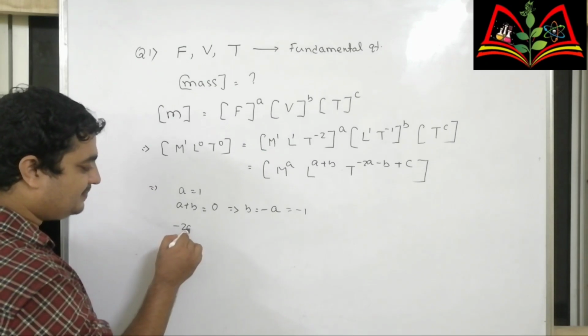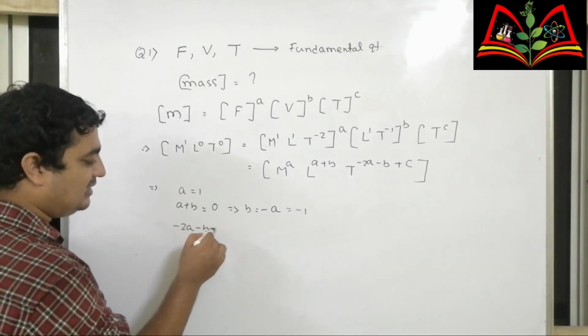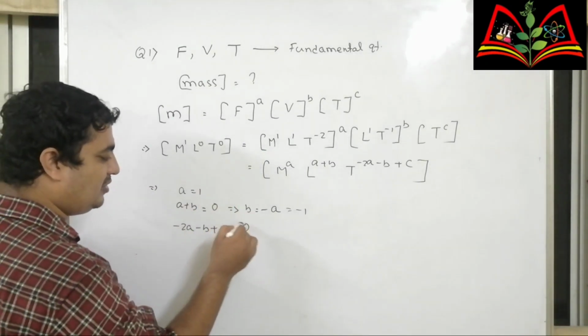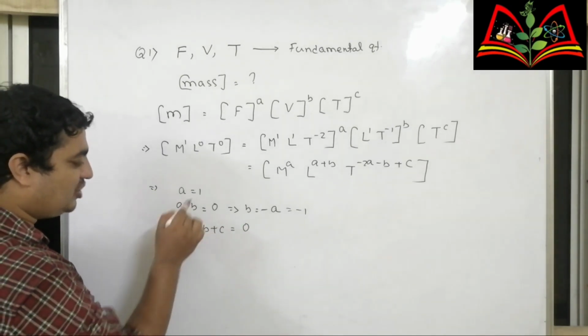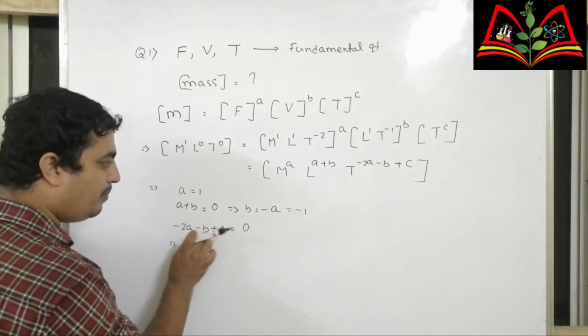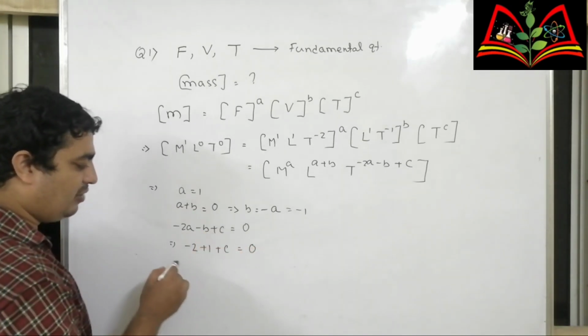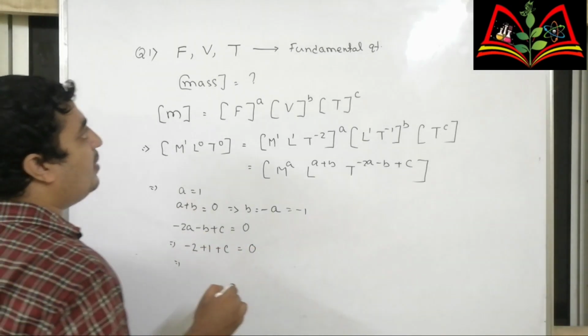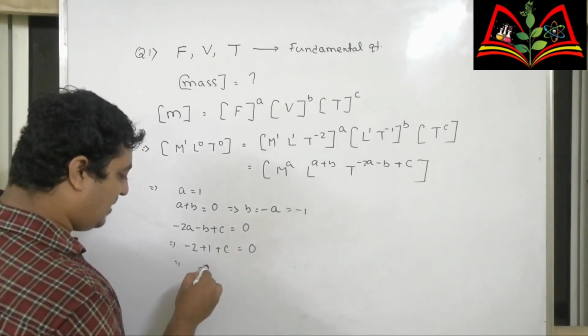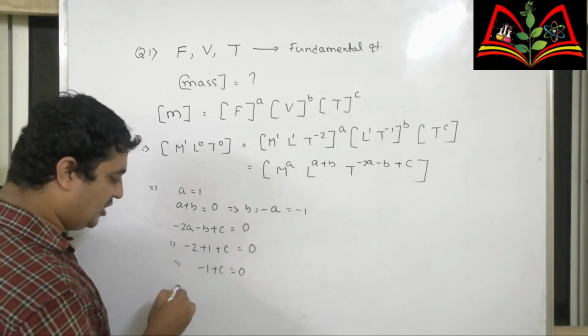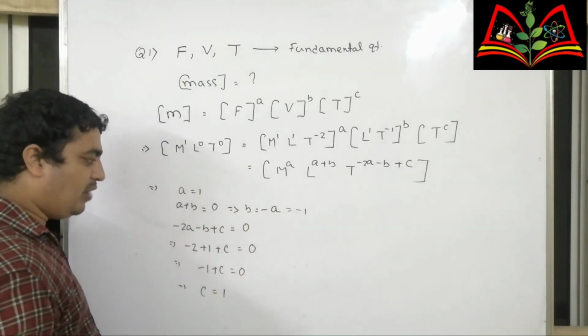For third case, minus 2A minus B plus C is equal to 0. So minus 2A, that means minus 2, minus B, that is equal to plus 1, plus C equal to 0. So minus 2 plus 1, that is minus 1 plus C equal to 0. So C equal to 1.